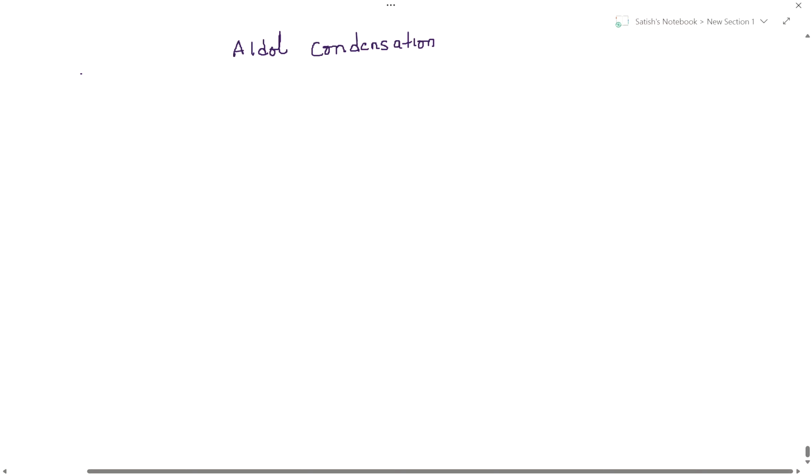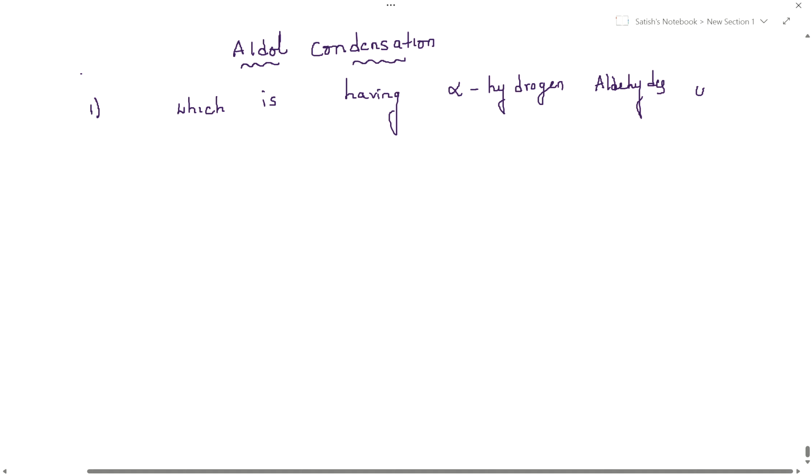Condensation is addition followed by elimination. We are adding H plus and removing water. I will show it in the steps. First important summary point I am writing: aldehydes which have alpha hydrogen undergo aldol condensation.